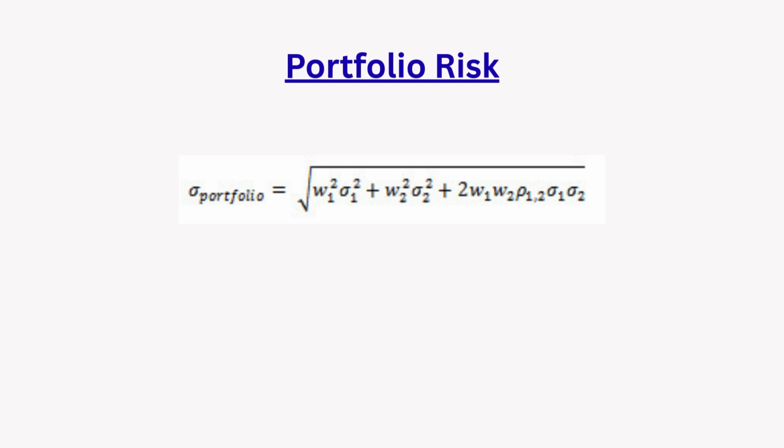So in our example, we will get portfolio risk of 6.452 percentage. That means if we have invested in the security X and Y, we will be facing the risk of 6.452 percentage in our expected returns.